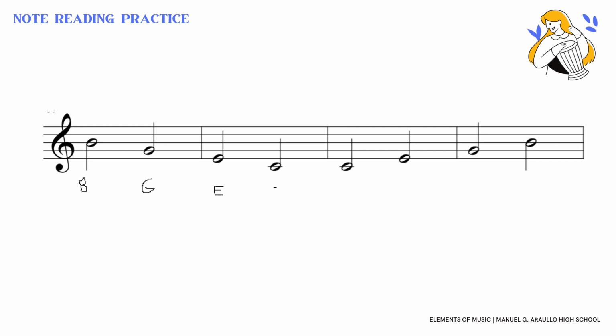So, sabi natin, nasa imaginary line siya. So, it's C. Parehas lang naman sila. And then this one, it's E. And then this one, G. And this one is B.